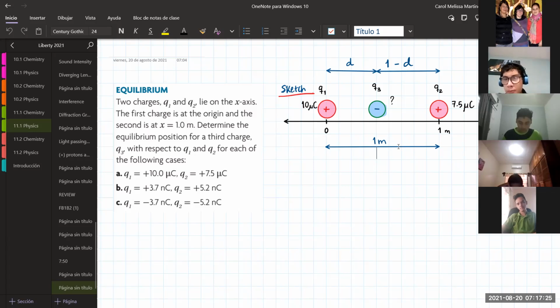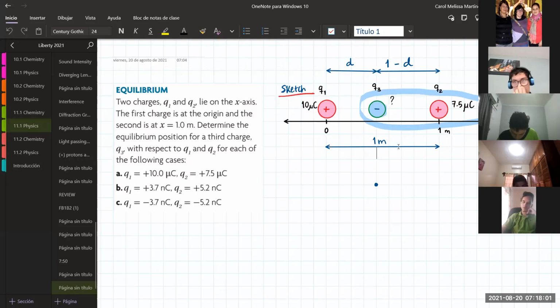So take a look. There I have Q3. Now, what kind of force is going to be between Q3 and Q2? Attraction or repulsion? Attraction.